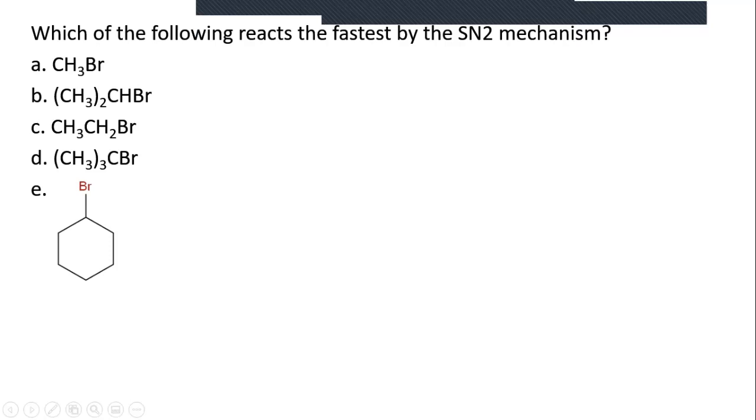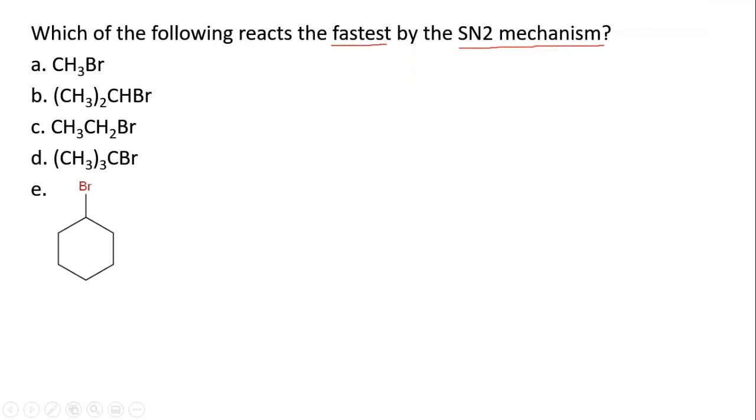So here we want to know which of the following reacts the fastest by SN2 mechanism. Fastest means lowest activation energy. So which one's going to have the lowest activation energy?